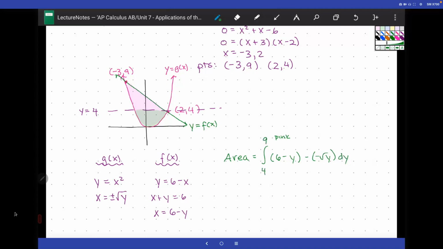So my limits are 4 to 9. And that's the pink area. But then we still need to add the green area. Any questions about that?